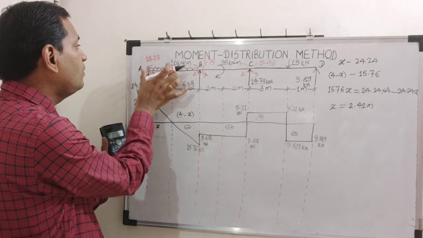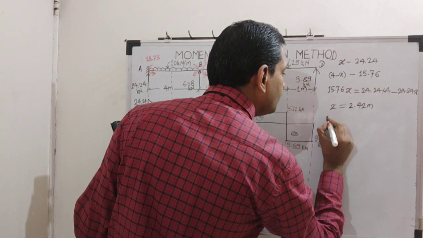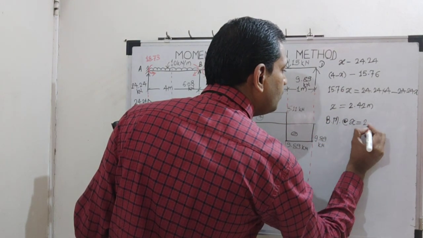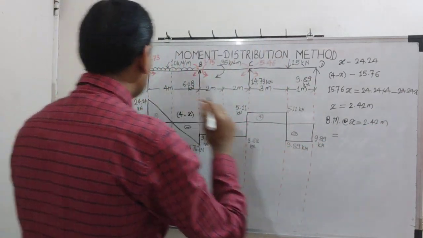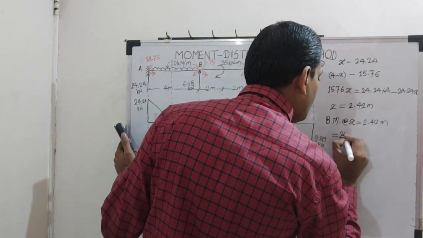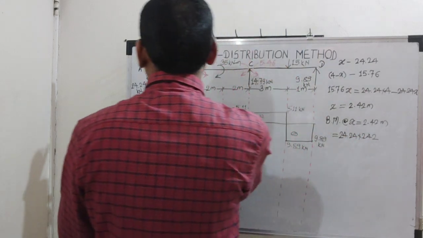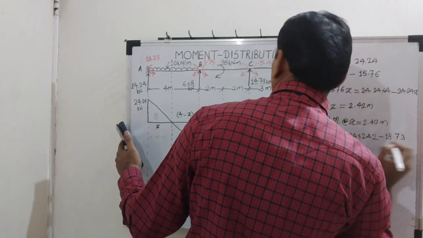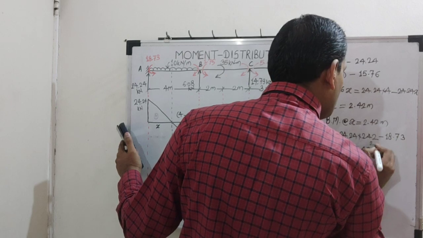Consider this part of the free body diagram. Write the equation of bending moment. So bending moment at x equal to 2.42 meter. Let us see what the equation is. So 24.24 into 2.42 minus 18.73 minus 10 into 2.42 square by 2.